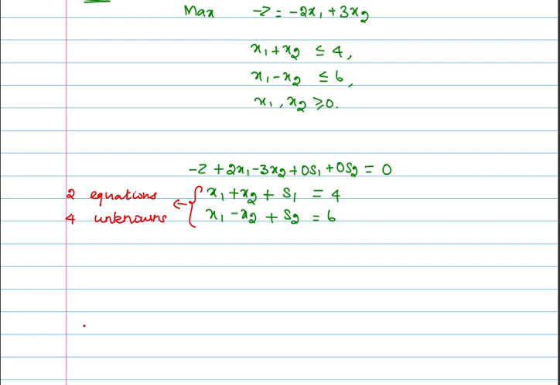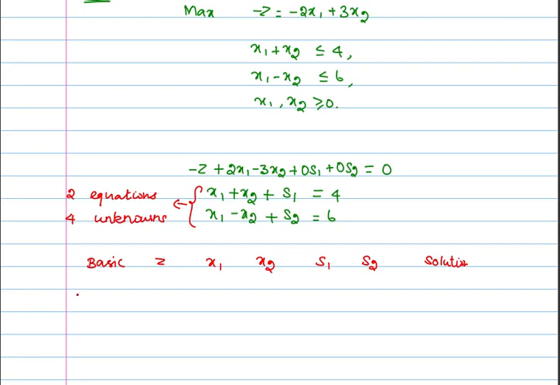From the simplex method, the initial basic feasible solution is always s1, s2. So first I want to make the table: basic, z, the variables x1, x2, s1, s2, and the right hand side, which we take as the solution.